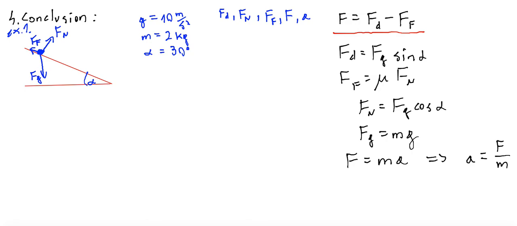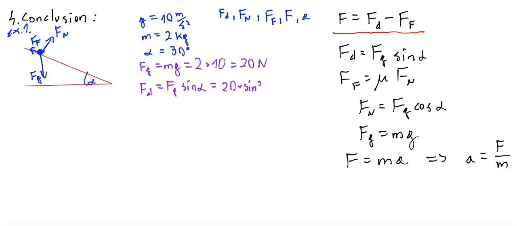Okay, so 5 minutes later, I'm going to calculate Fg at the beginning as m times g, so 2 times 10 is equal to 20 newtons. Next I'm going to calculate downward force. Downward force is Fg times sine of the angle, which is 20 times sine of 30. Sine of 30 is half, 20 times half is 10. Next I'm going to calculate normal reaction force.